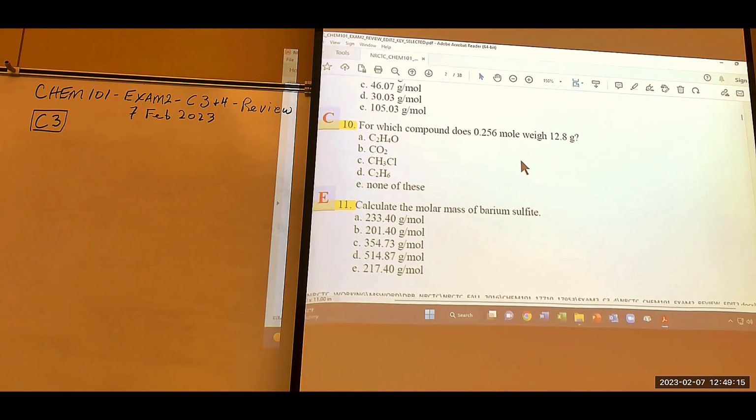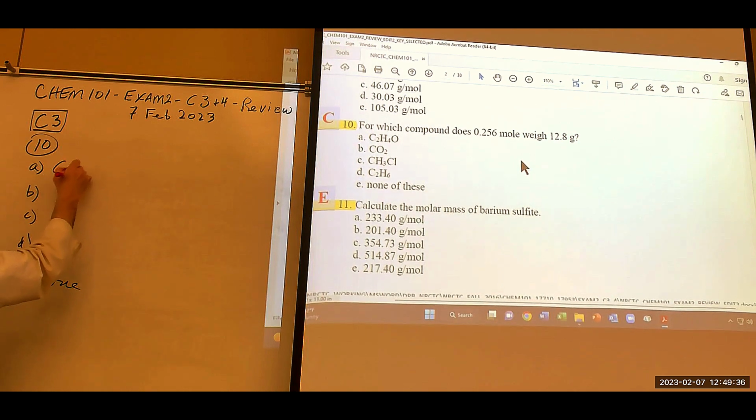All right, for which compound does 0.256 mole weigh 12.8 grams? For this one, number 10, we need to check each option, or none of these.